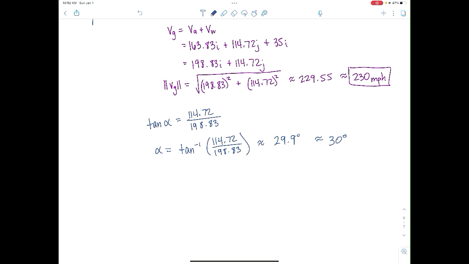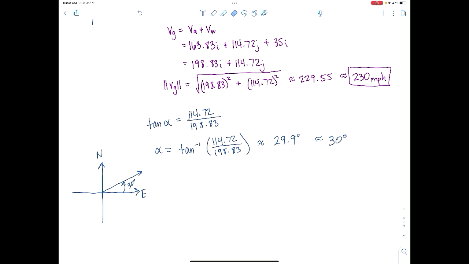This one is not our answer just yet, because if we're looking at our compass, we found that it's at a 30-degree angle. But what is that in terms of a plane's bearing?